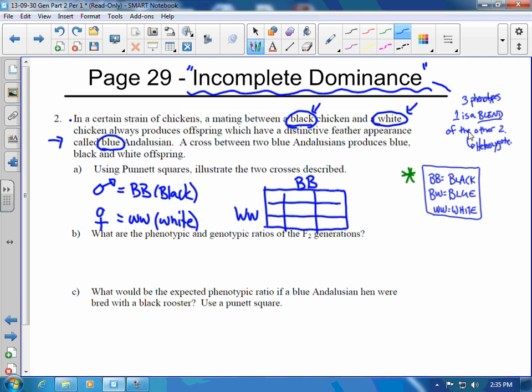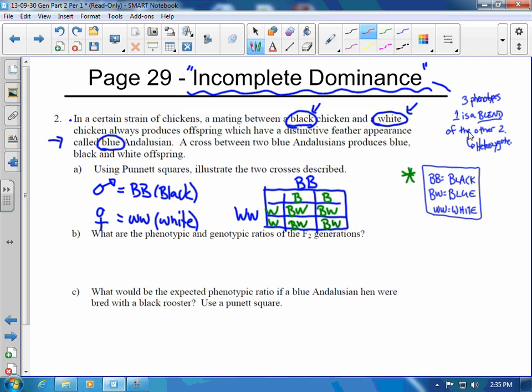Clearly, we know that through meiosis, gametes are produced. And here we can see that we have nothing but B's and W's coming together.